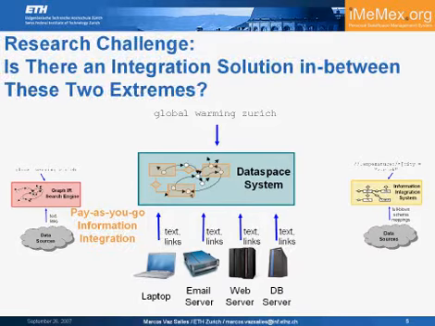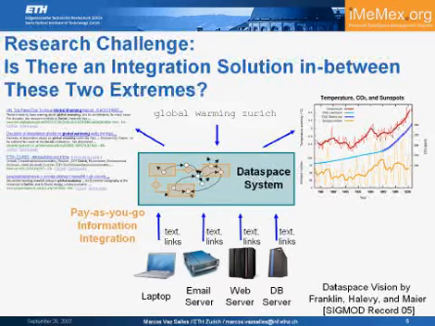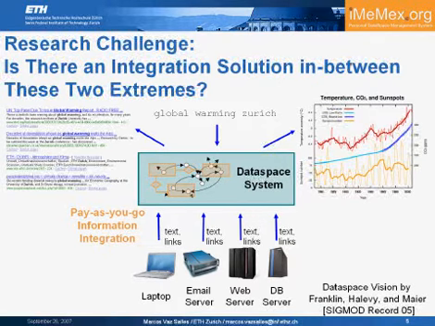This process is termed pay-as-you-go information integration. With pay-as-you-go information integration, the dataspace system is able to provide a mix of ranked and precise query answers. Pay-as-you-go information integration is the main subject of our paper, and it is a key contribution towards the dataspace vision of Franklin, Halevy, and Maier, published almost 2 years ago.